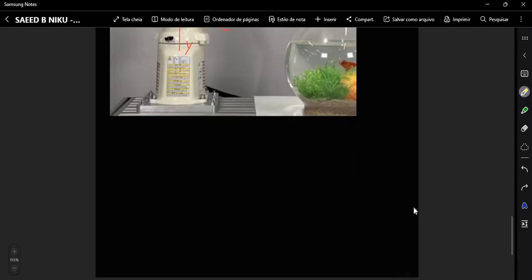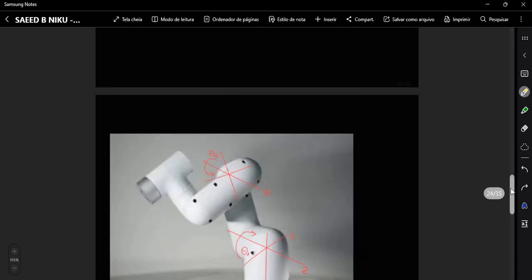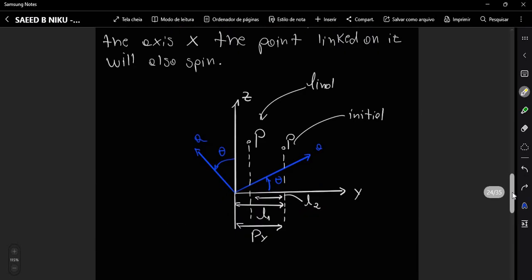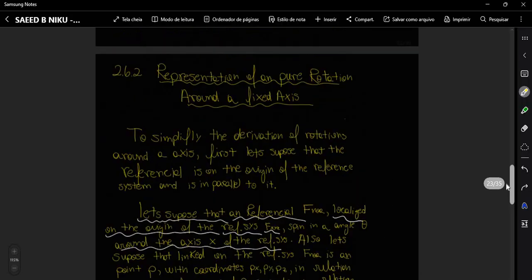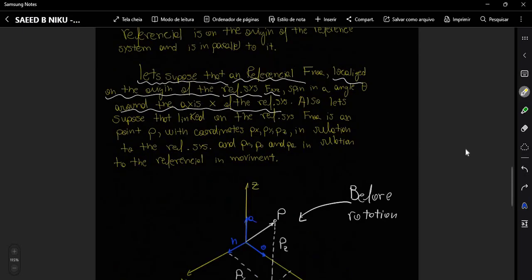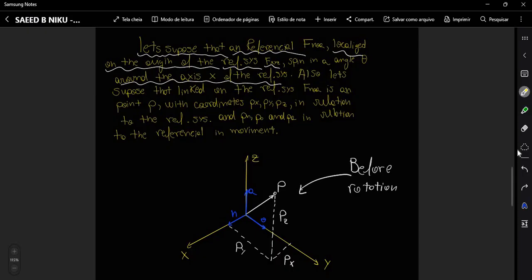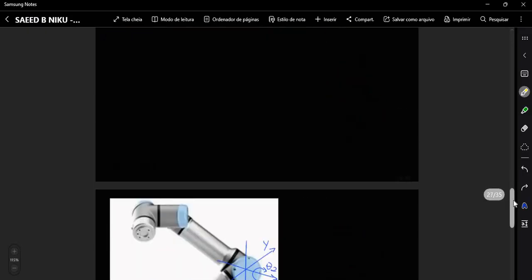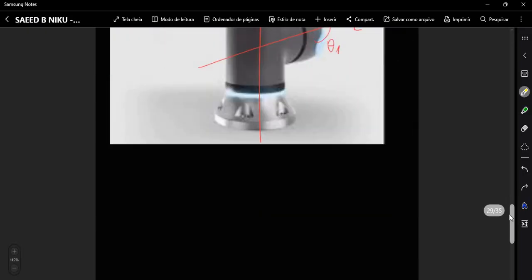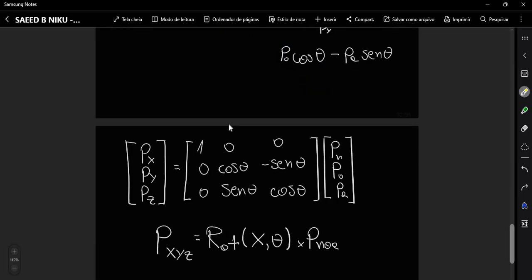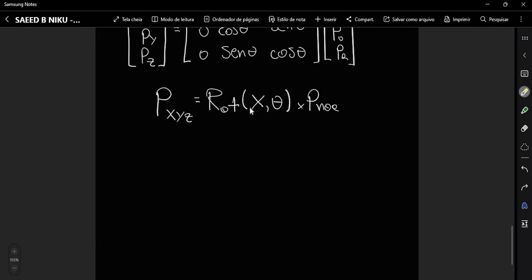We saw all this. Topic 2.6.2, how you can represent a pure rotation around a fixed axis. And we do not finish this topic yet. So we will finish on this video.